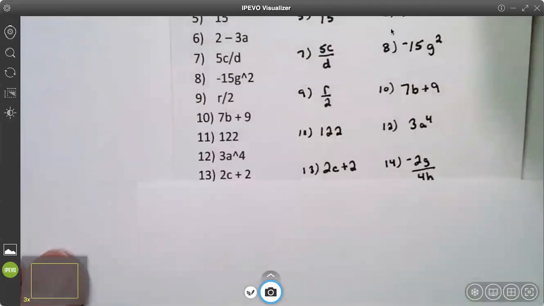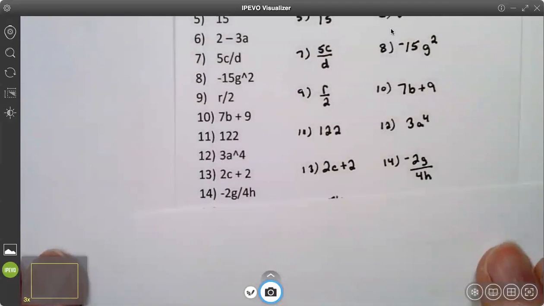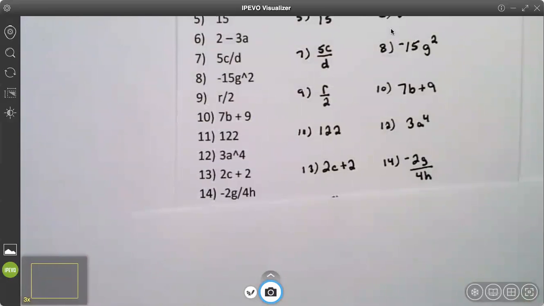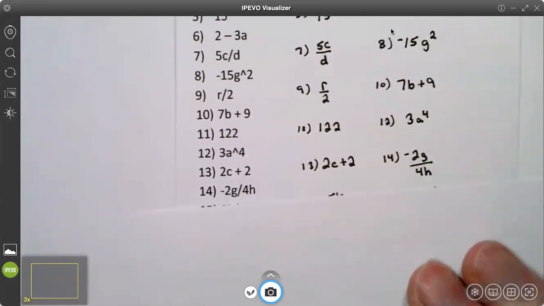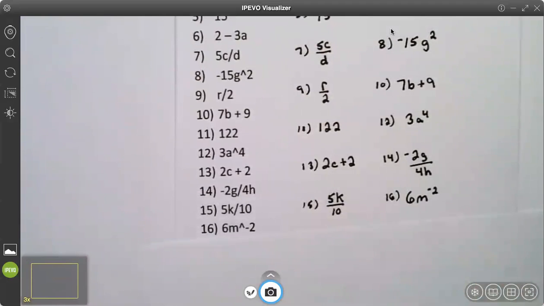Yes. Number 13? No, 2 terms. Number 14? No, variable in the denominator. Number 15? Yes.